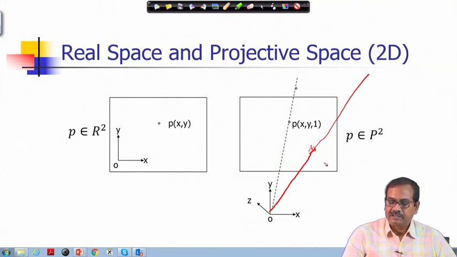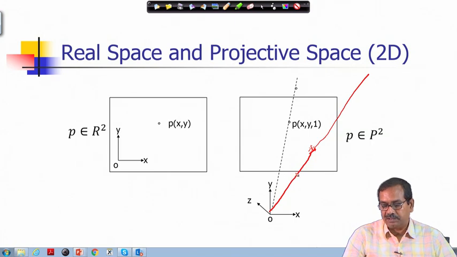In this case a point x y 1 is a canonical representation of the projective space, where you have a three-dimensional coordinate system implicitly, as if this plane is at a distance of 1 along the z direction, and all the coordinate axes in this plane are parallel to the corresponding axes of the implicit three-dimensional coordinate system.